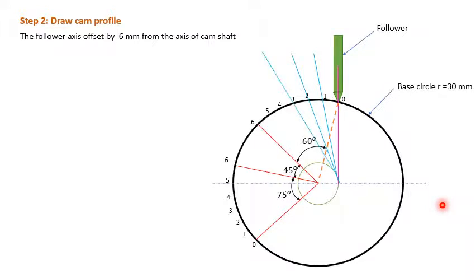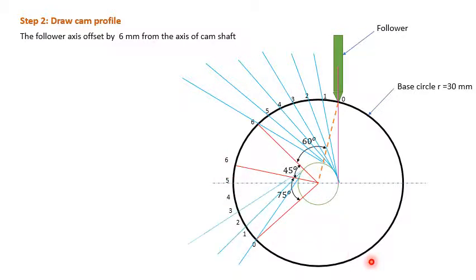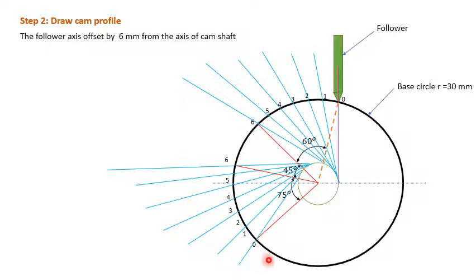So through each number, draw tangent lines to this small circle. Then similarly for a return stroke also, we have to draw the tangent lines. Extend the lines, because we have to mark the cutting points.